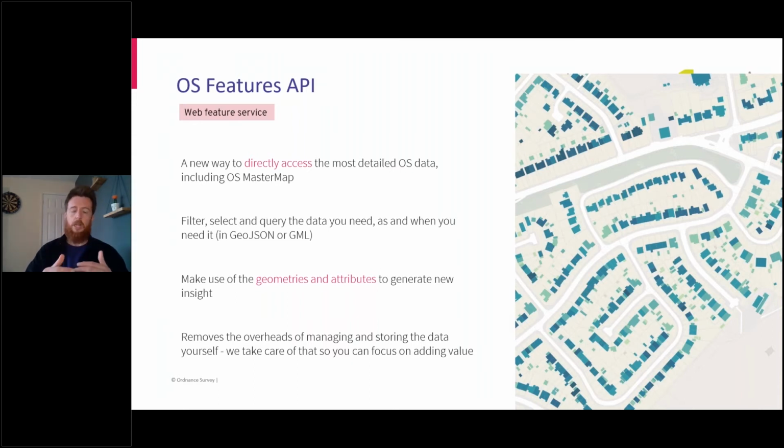The idea being that you request and access the data that you need as and when you need it. You can get that data back in both GeoJSON and GML formats. And you're connecting to the database, so you're getting the full rich geometries and all the rich attribution on those features as well. Next slide, please, Phil.